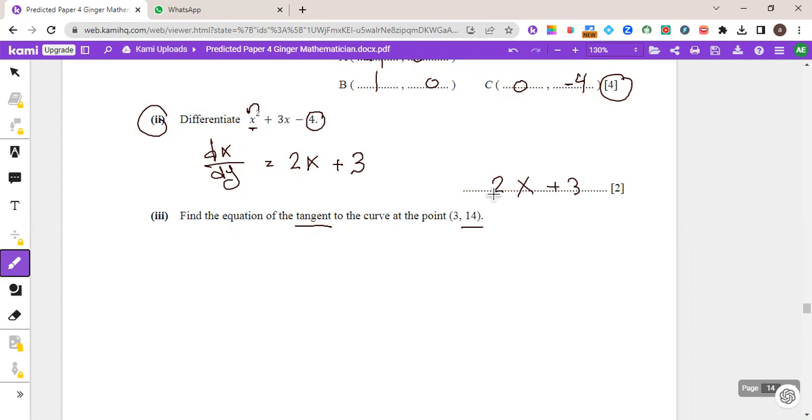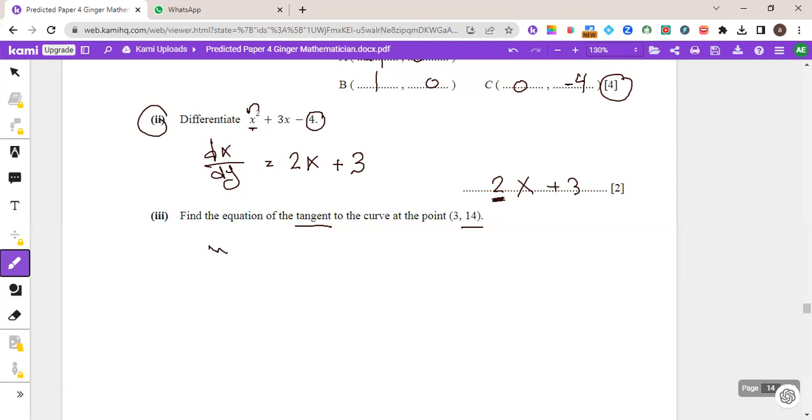Find the equation of the tangent to the curve at the point 3, 14. Okay, so what is the tangent here? The gradient? The gradient is 2.